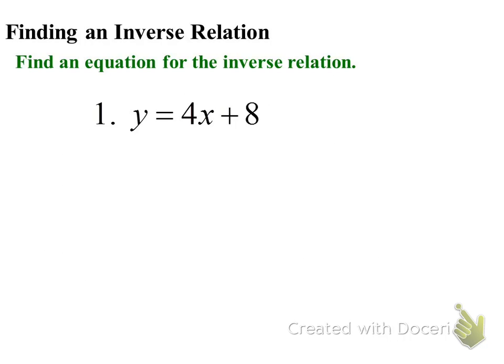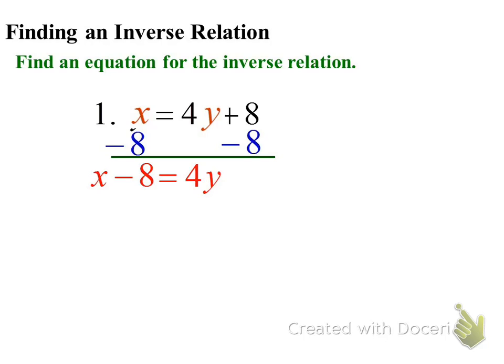We're going to find an equation for this inverse relation. We're going to switch the x and y. That's your first step. And then we've got to solve for y. So you've got to figure out what's the first step in solving for y. And yesterday we talked about how whenever you take an x minus 8, it just becomes x minus 8.